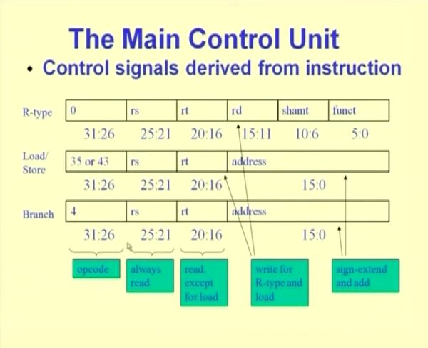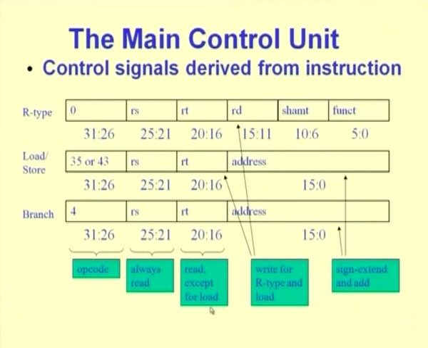So if you look at these fields, I can just divide them up into 1, 2, 3, 4, 5, 6 fields in this case, and 4 fields in the case of load, store and branch. So you can see that this RS register is always read. Of course the first 6 bits, 26 to 31, give me the opcode, and then 21 to 25 always gives me the register to be read.